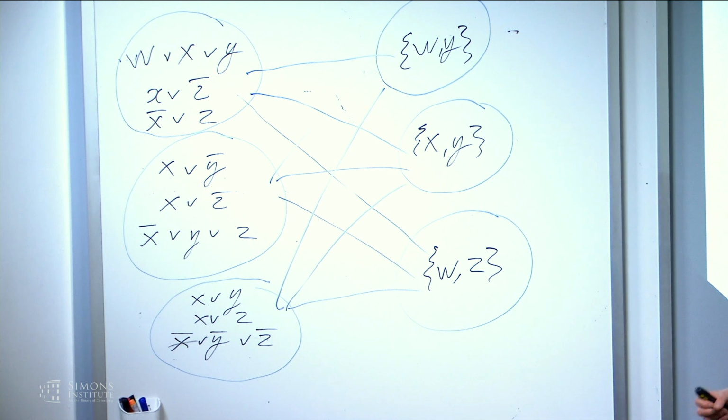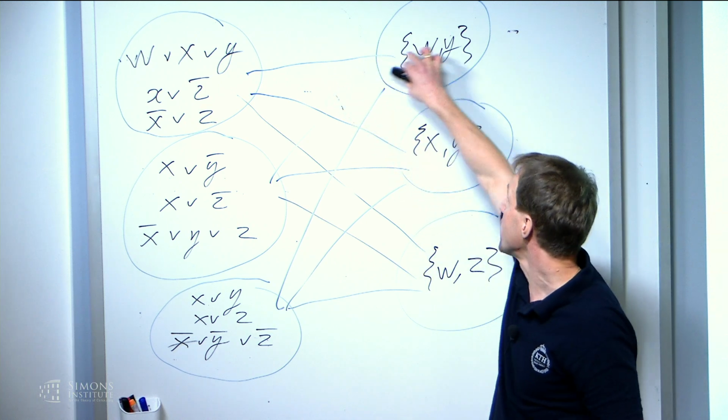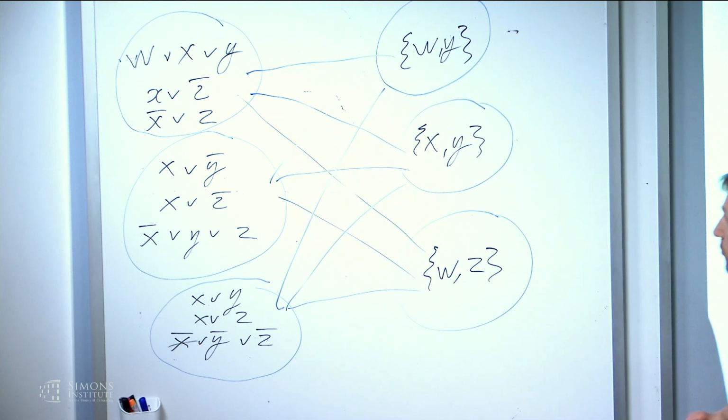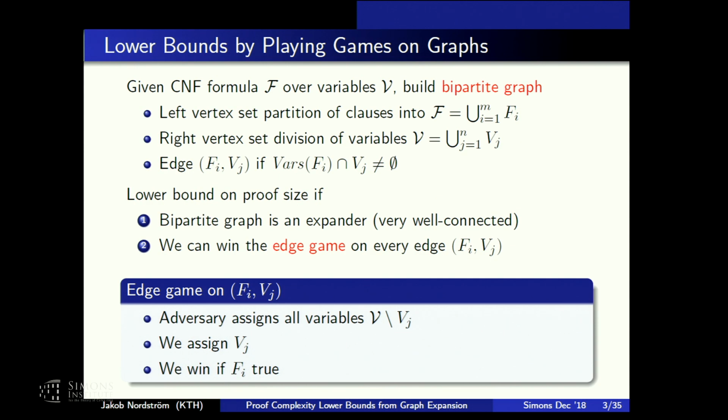Then what's this order of quantifiers? If you can do this, then it's hard. If the graph is an expander and I can win the game, then I get a lower bound. I'll make all of this precise later.